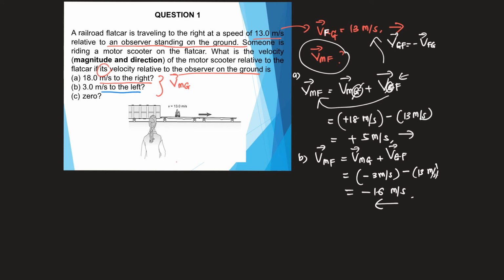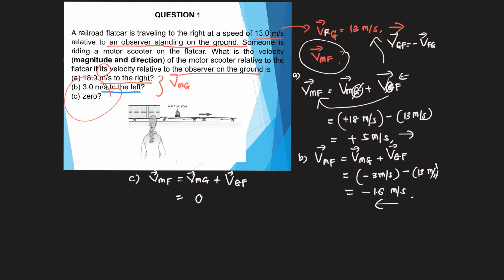And the last one, C. The same equation that you are going to use: the velocity of the motor relative to the flat car equals the velocity of the motor relative to the ground plus the velocity of the ground relative to the flat car. The velocity of the motor relative to the ground is going to be 0, from the question.